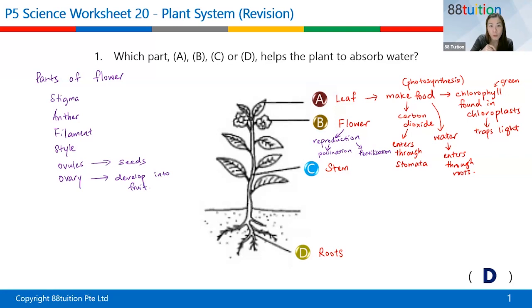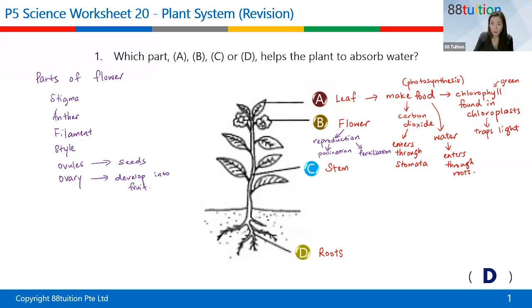Now, you all say that the roots help the plant to absorb water, correct? Is there another function of the roots? Do you know? Or don't know? I asked the same question to the secondary 1 students. All of them only remember it is actually to help to absorb water.